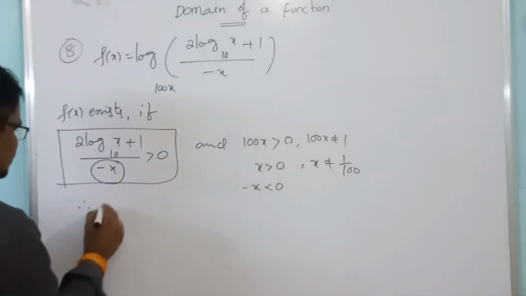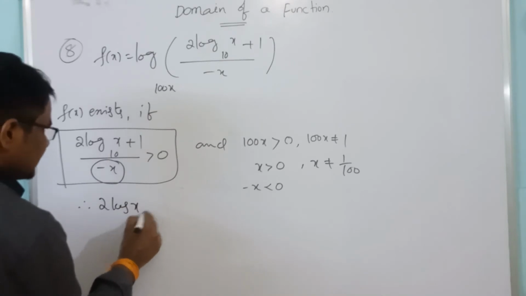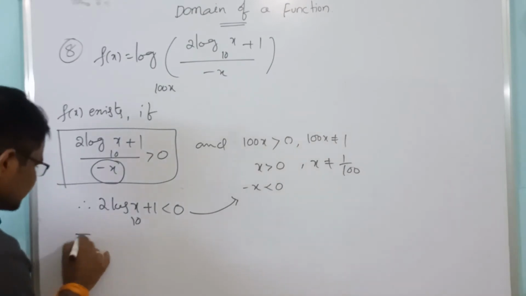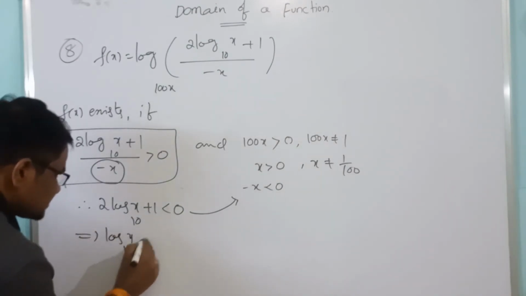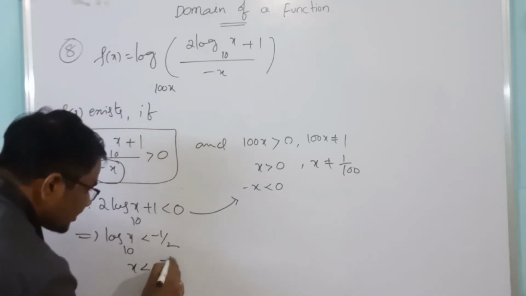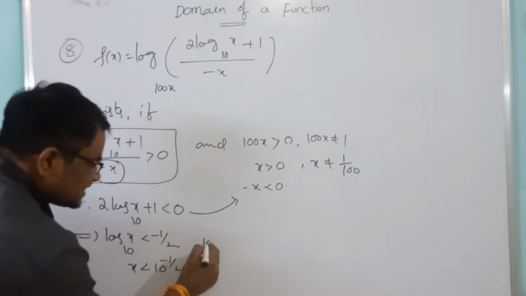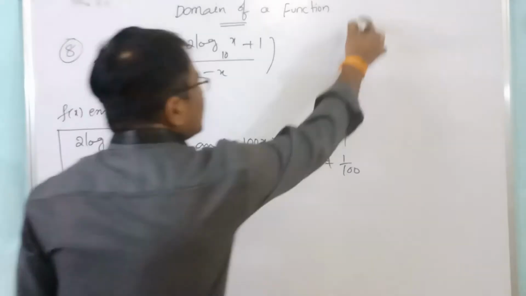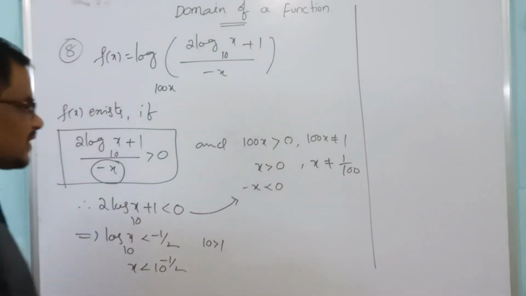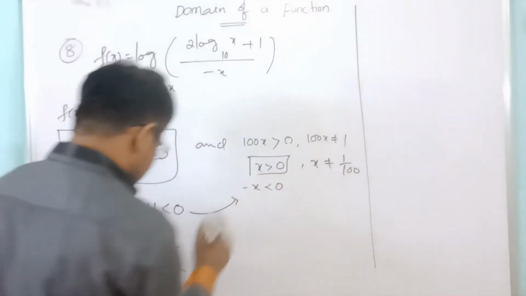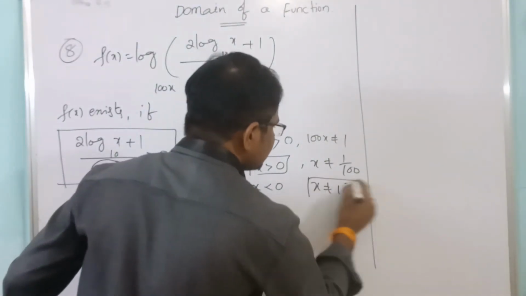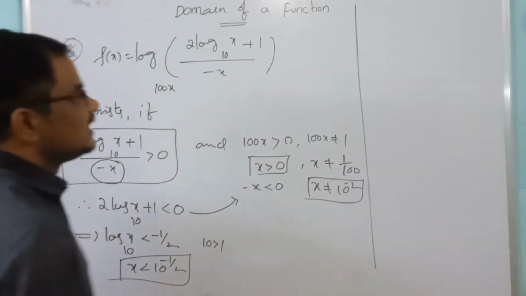So that's the reason 2 log x to the base 10 plus 1 is less than 0. That implies log x to the base 10 is less than minus 1 by 2, so x is less than 10 to the power of minus 1 by 2, since 10 is greater than 1. And x is greater than 0, and x is not equal to 10 to the power of minus 2. These three we have to take on the real number line.